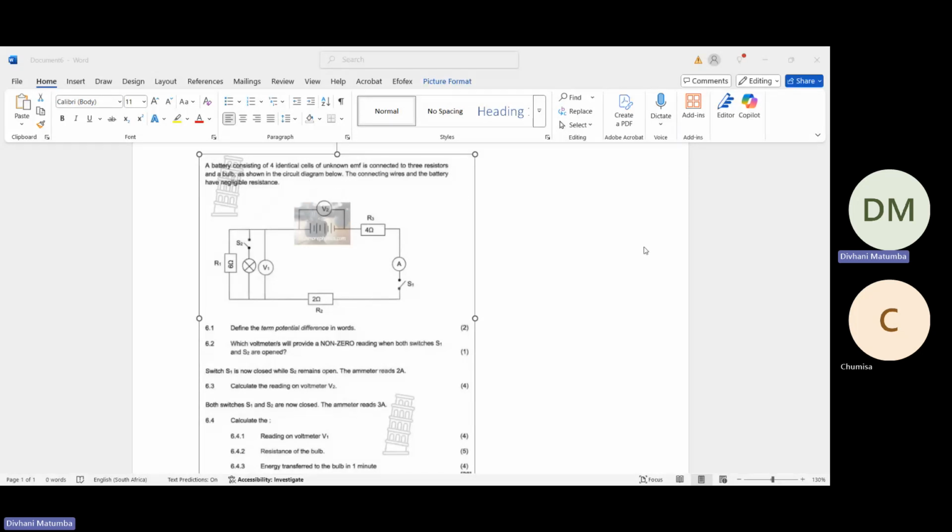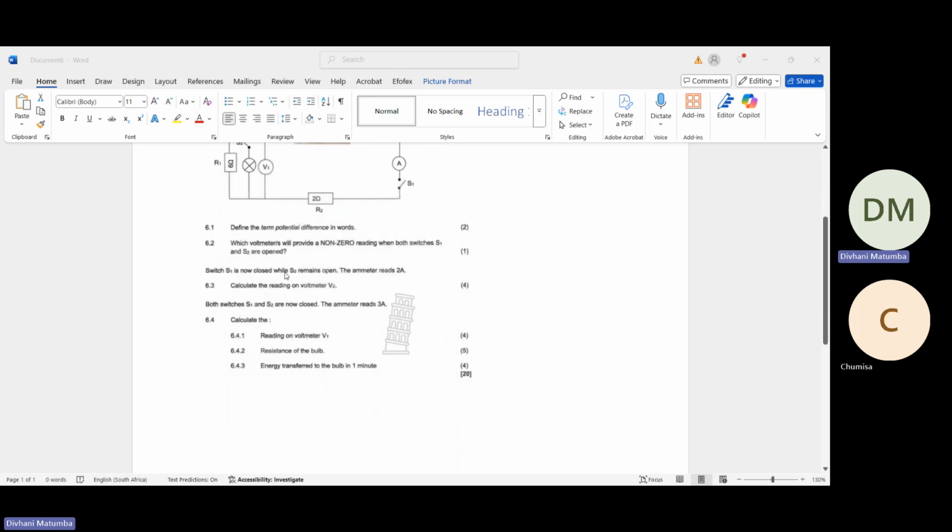A battery consisting of 4 identical cells of unknown EMF is connected to 3 resistors and a bulb as shown in the circuit. The connecting wires and the battery have negligible resistance.